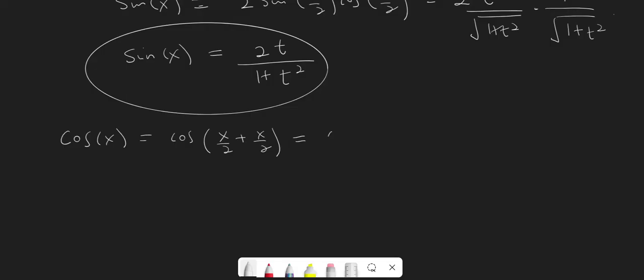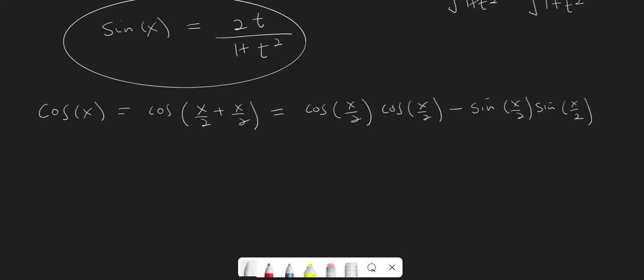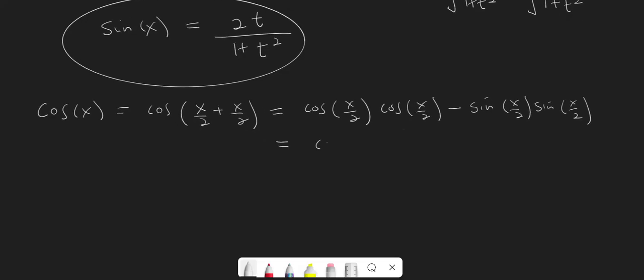So this simplifies to cosine x over 2 cosine x over 2, using the double angle identity, minus sine x over 2 sine x over 2. Where does this simplify to? This simplifies to cosine squared x over 2 minus sine squared x over 2.